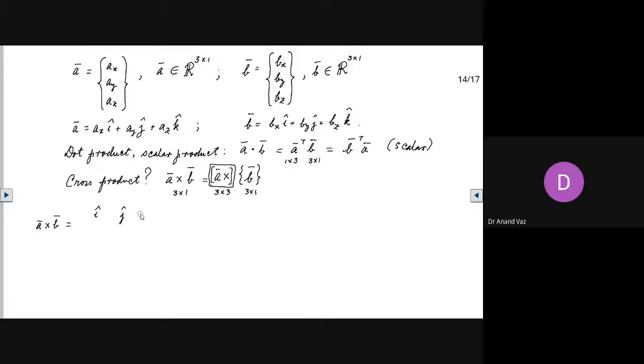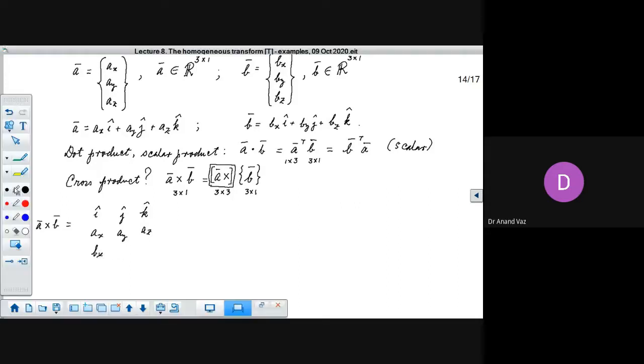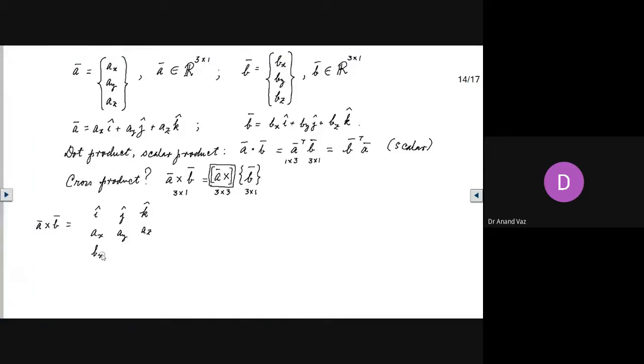So I, J, and K here, and here we have AX, AY, AZ, and this is BX, BY, and BZ, and we take the determinant.